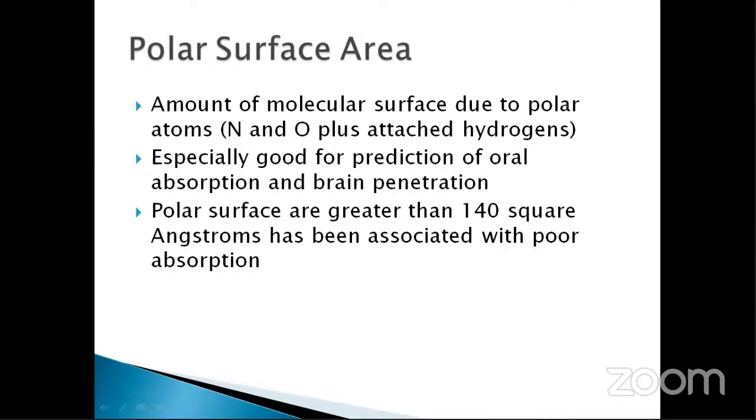Polar surface area is the amount of molecular surface due to polar atoms, that is N and O plus attached hydrogens, especially good for prediction of oral absorption and brain penetration. A polar surface area greater than 140 square angstrom has been associated with poor absorption.